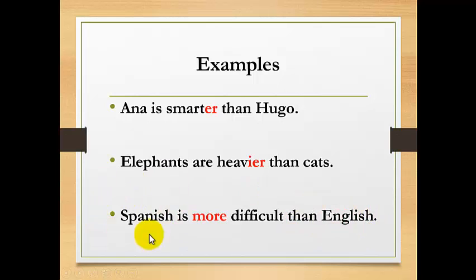So we are comparing two languages using the adjective more difficult. Because difficult is three syllables, we just need to add more.